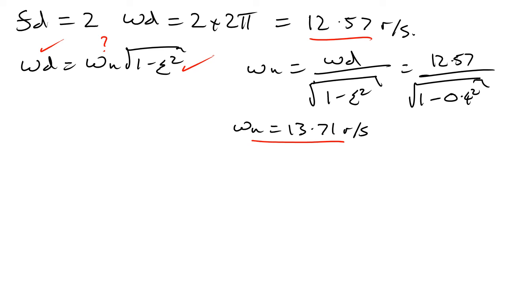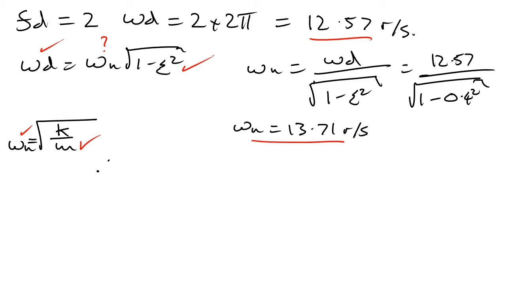We should now be able to find out what the spring stiffness is, because we know that our natural frequency is the square root of k over m, and here we know what m is, and we know what omega n is now. So we should be able to rearrange for k.